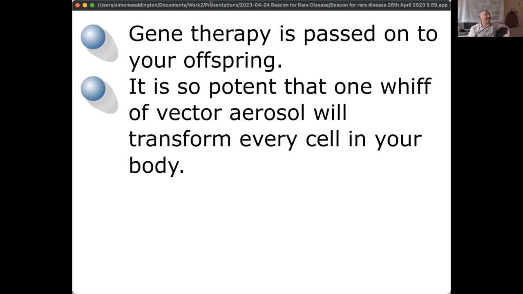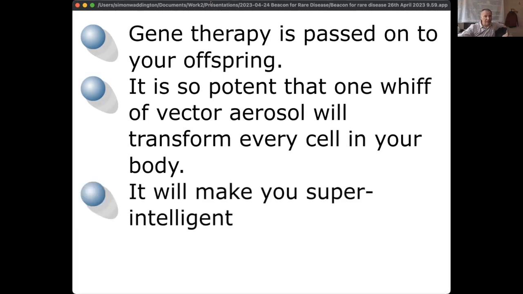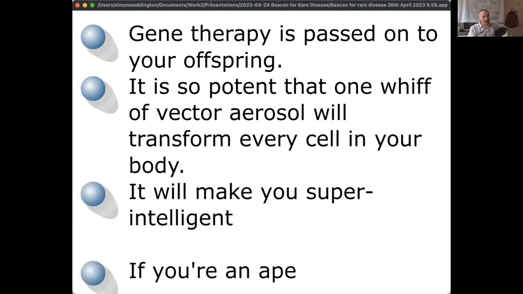So trying to get them in is really hard. And this is why it's taken so long for even some of the easier gene therapies, because it has taken so long for us to get the technologies to a level of efficiency that we can deliver effectively to certain cells. If Hollywood is to be believed, then it will make you super intelligent, but only if you're an ape.